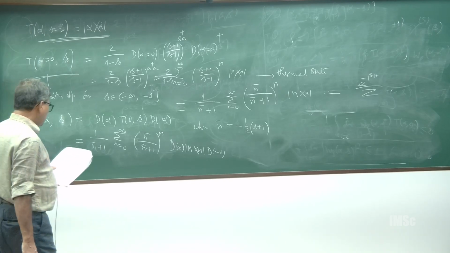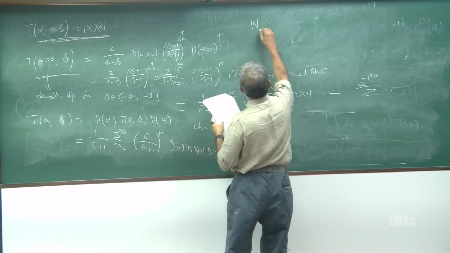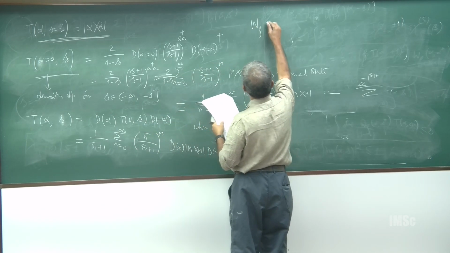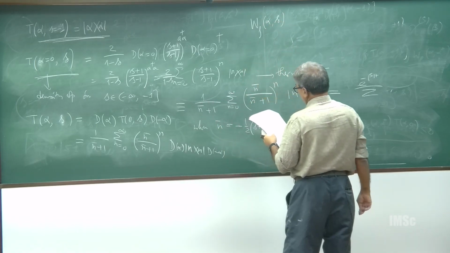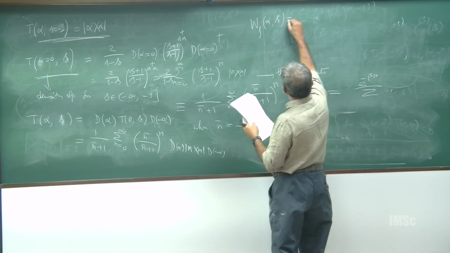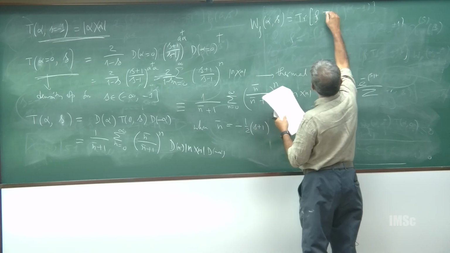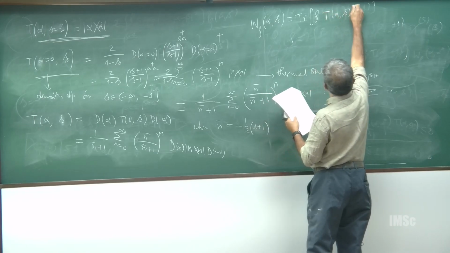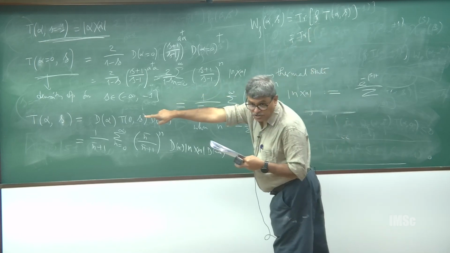And now, if you want to calculate the Wigner function, I mean the distribution function, not necessarily Wigner function, for alpha and s, as we know this is trace of rho, then T of alpha s.